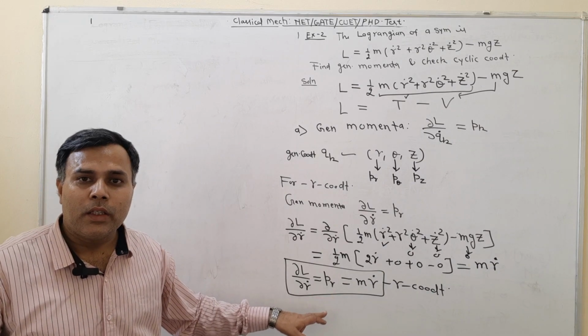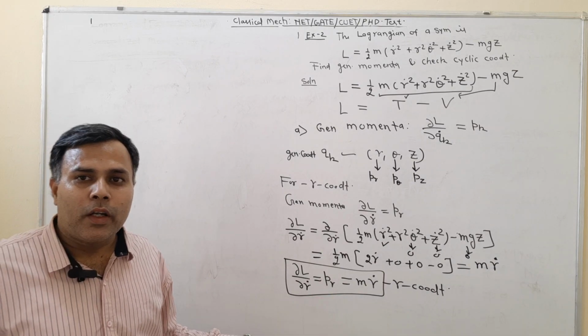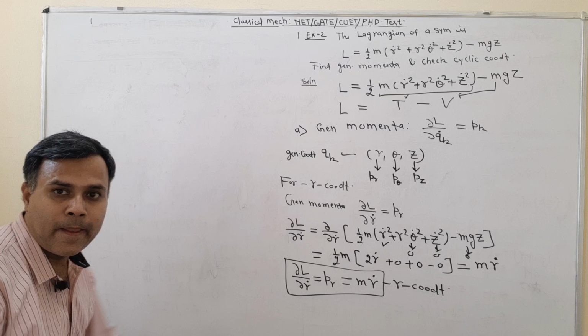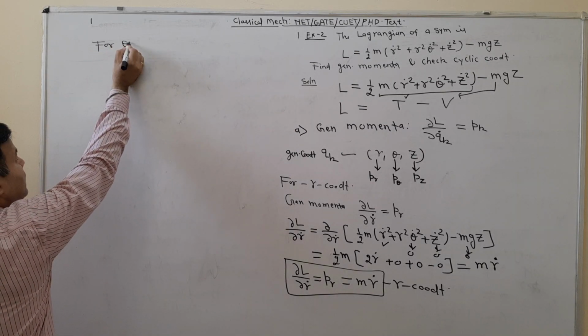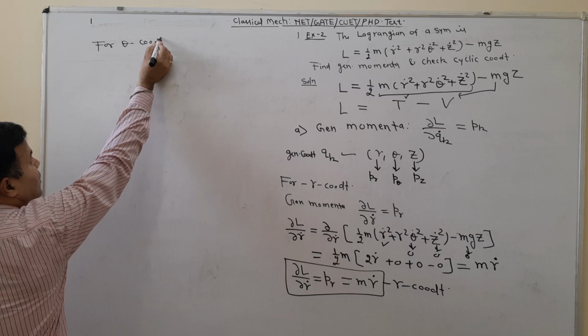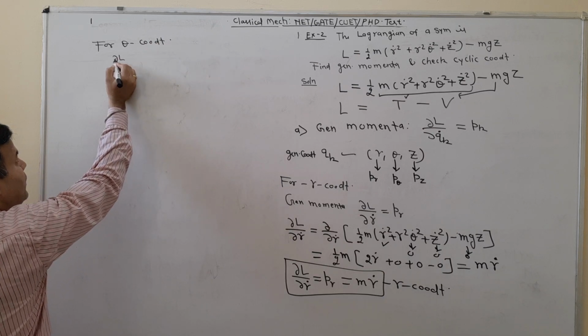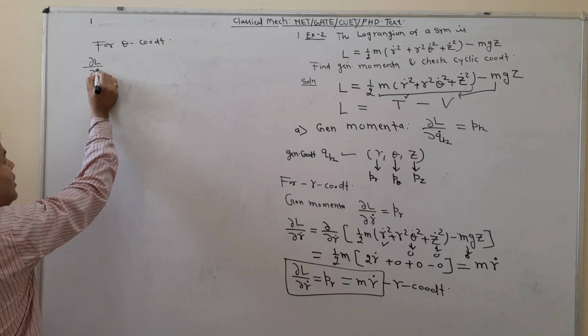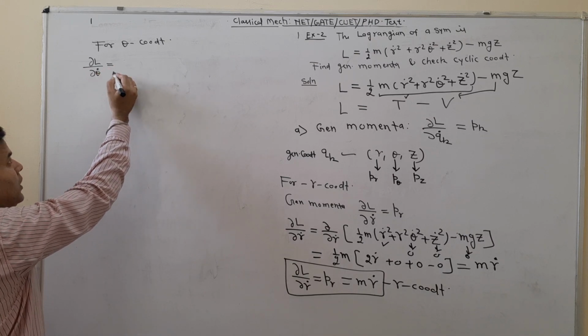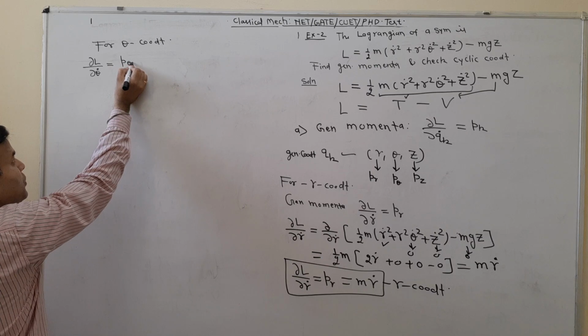Similarly, we can find the generalized momenta corresponding to the theta coordinate. For theta, del L upon del theta dot, because this is del L upon del q_k dot, gives p theta.